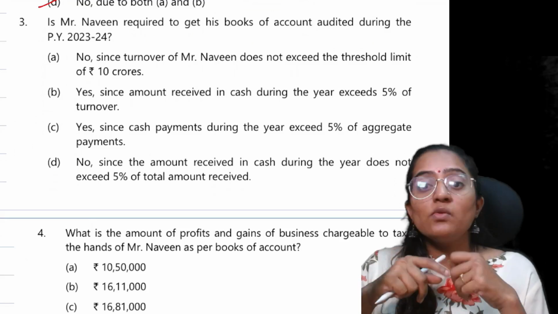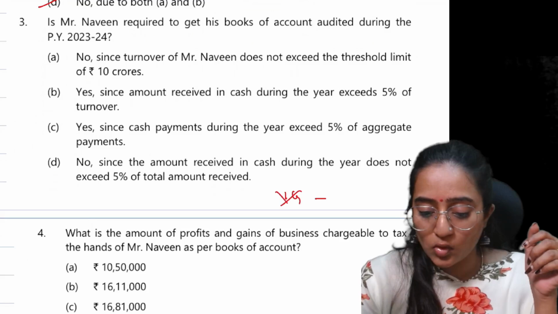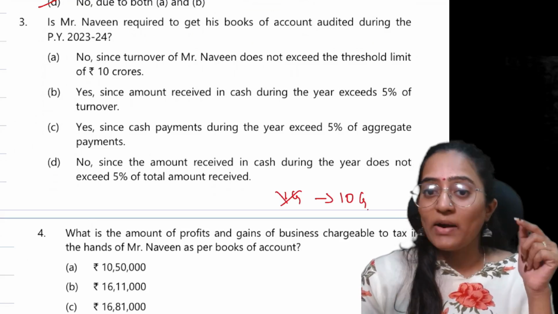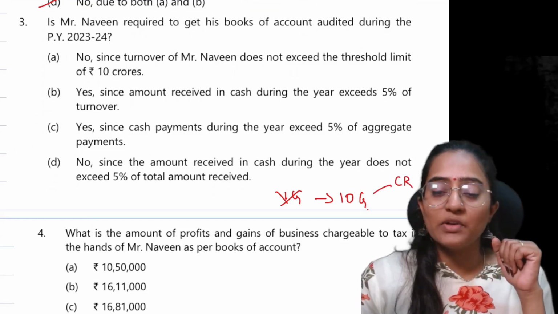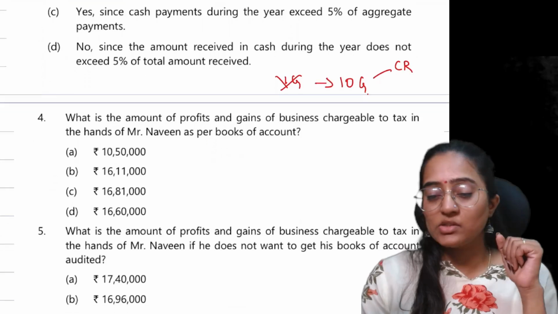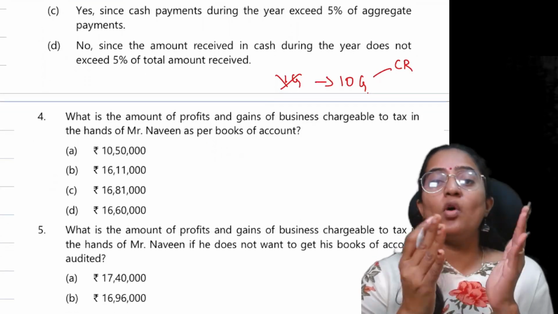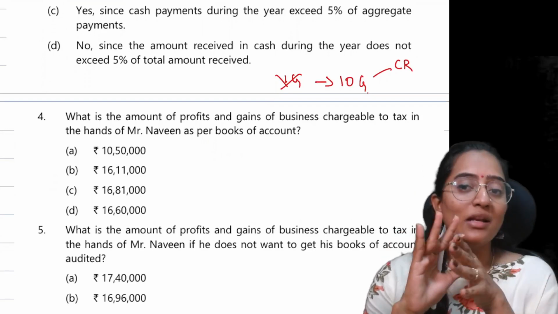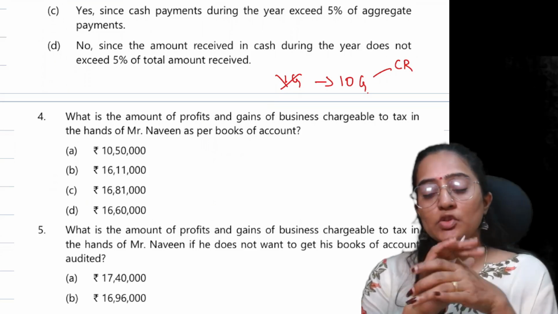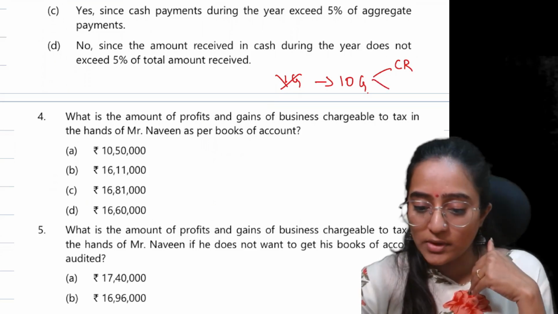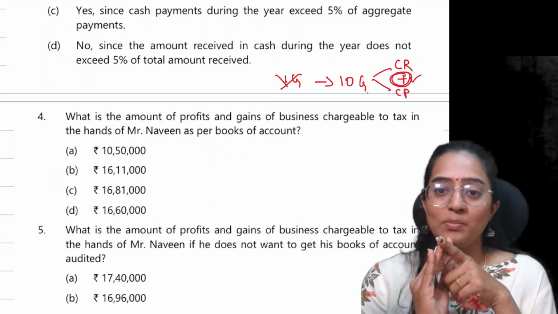This 1 crore would be replaced by 10 crore, provided you satisfy two conditions. What are those? The cash receipts, whatever you are receiving, should not exceed 5% of your total turnover. And the cash payments which you are making should not exceed 5% of the turnover. These are and clause. So both conditions should be satisfied.